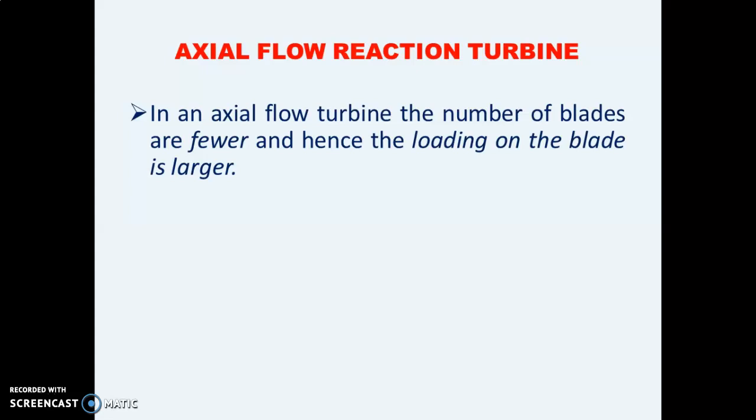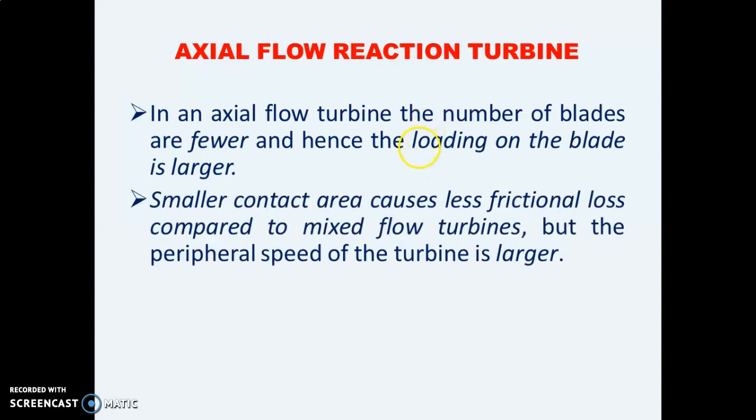In the axial flow turbine, the number of blades is very few, from 4 to 6. Hence, the load applied on a single blade will be larger. The load on the Francis turbine was distributed among all the 16 to 24 blades. In this case, all the load will be distributed among only 4 to 6 blades.